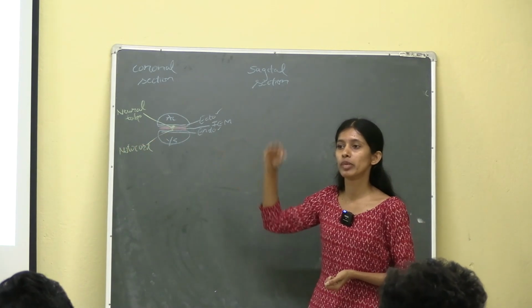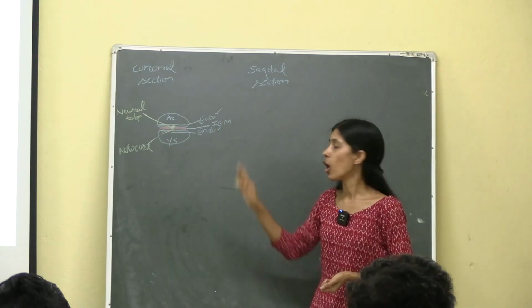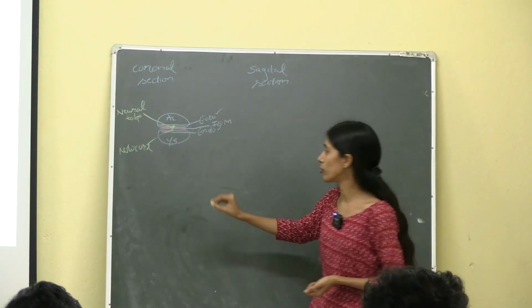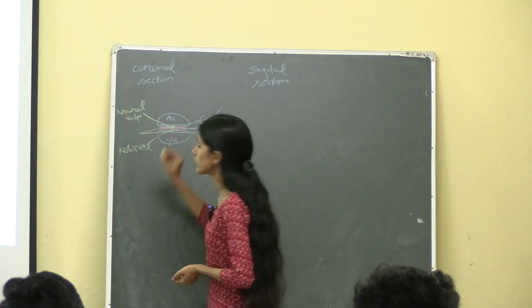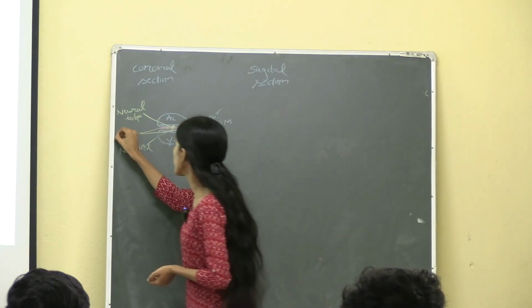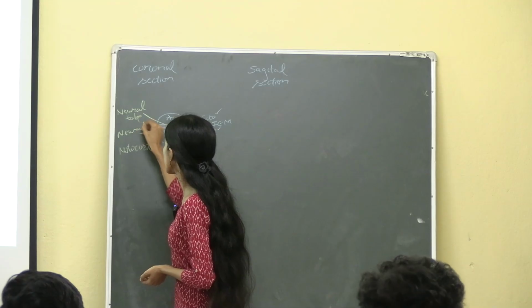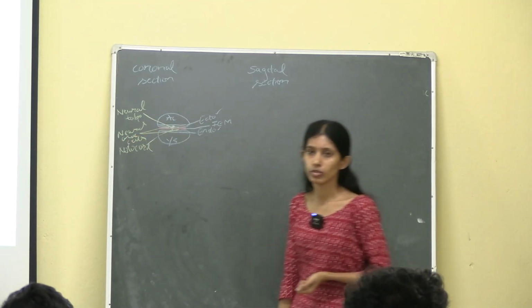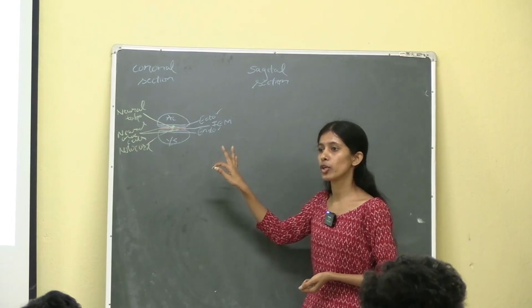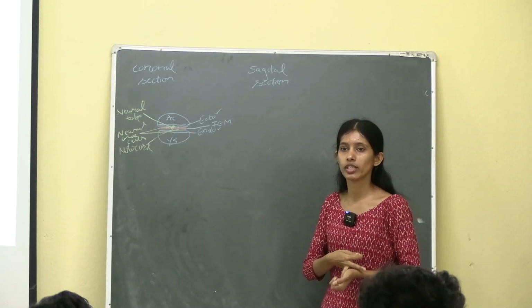Notochord is present below the neural tube, okay. On either side of the neural tube we have an important cell structure. What is it called? It's neural crest cells, okay.